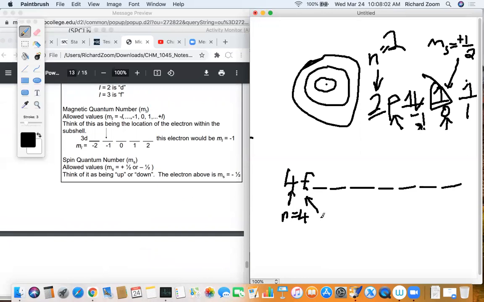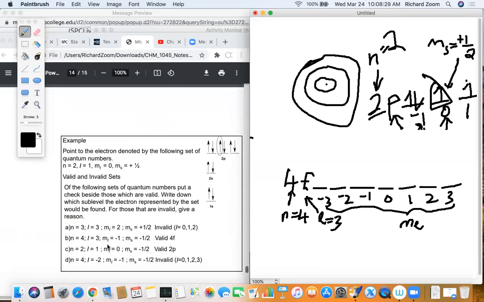F is L equals 3, which means that the m sub L is going to range from negative 3 up to positive 3, which explains why we've got 7 values there for the f orbital here. And what we're talking about specifically with this one, we can go a little bit further. The m sub L value is negative 1, which means what we're talking about is this specific orbital right here.